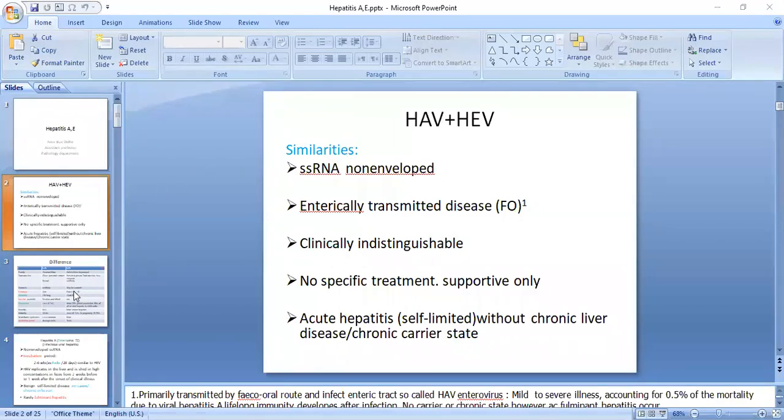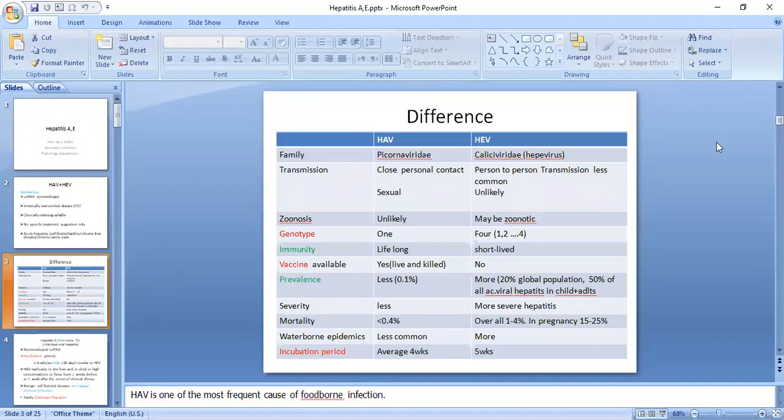What are the differences between hepatitis A virus and hepatitis E virus? Look at this table. The hepatitis A virus only has one genotype, while the hepatitis E virus has four genotypes.